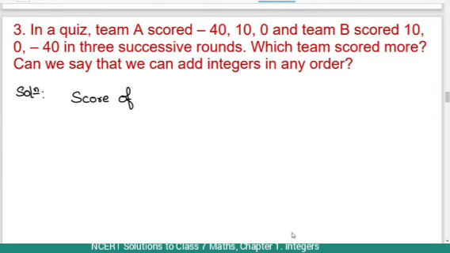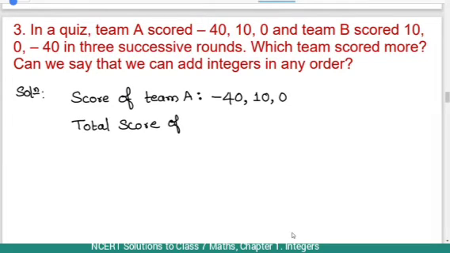Solution: score of team A is -40, 10, 0. So the total score of team A will be how much? Total score means you have to add all these 3 values. Total score of team A is equal to -40 plus 10, which is equal to -30.